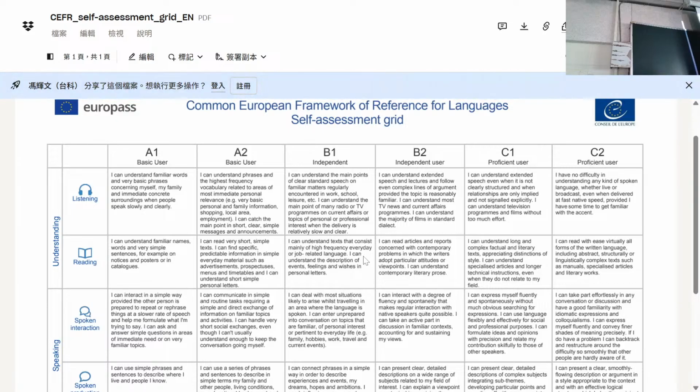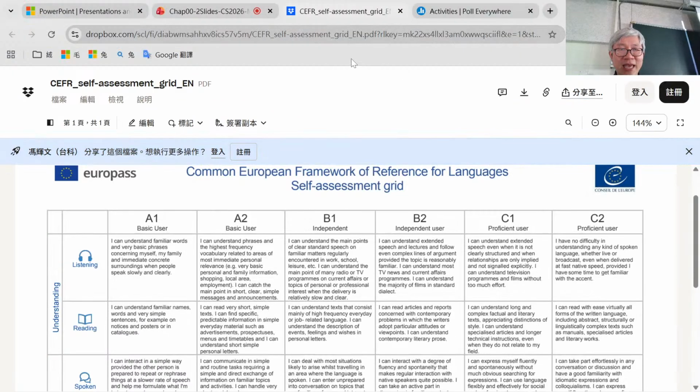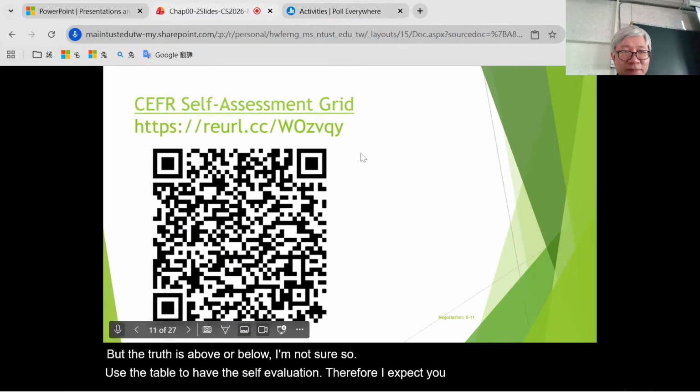Normally, for our BAS project, we expect students to have a language level of B2 or above. But the truth is, above or below, I'm not sure. So use the table to do the self-evaluation. Therefore, I expect you to have these.